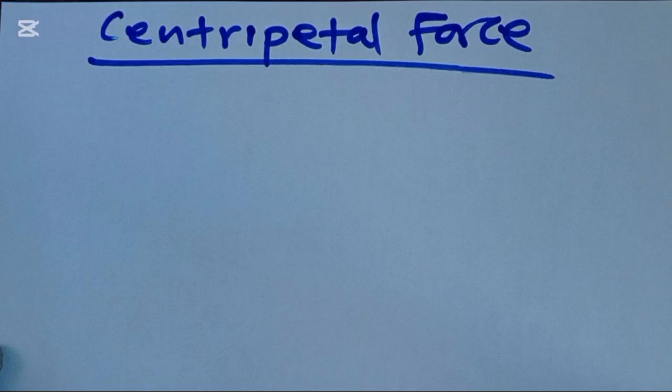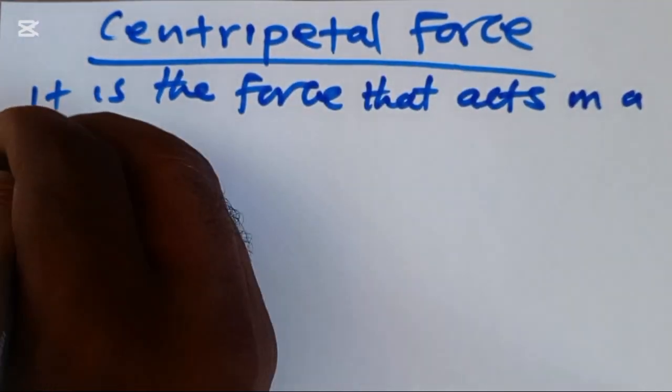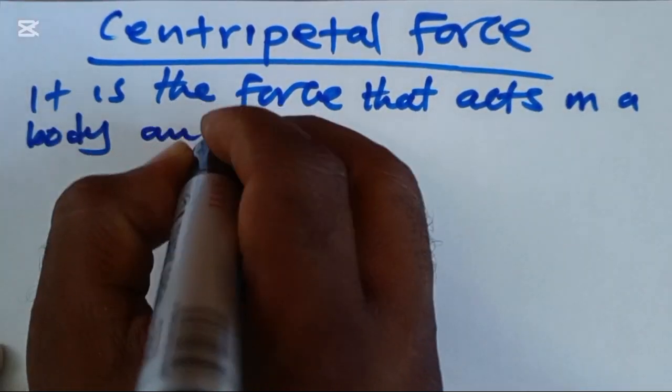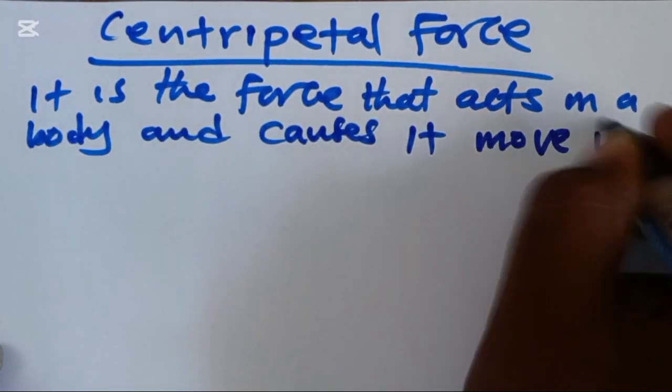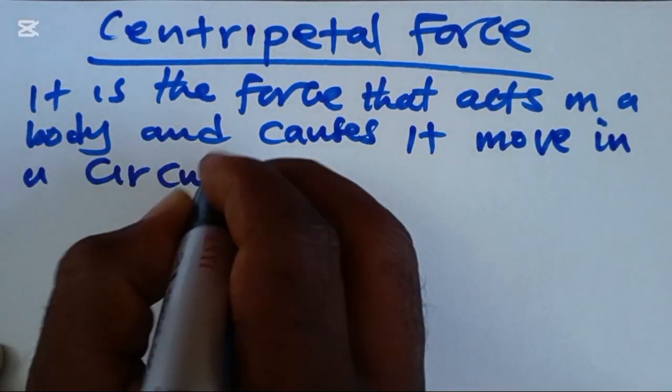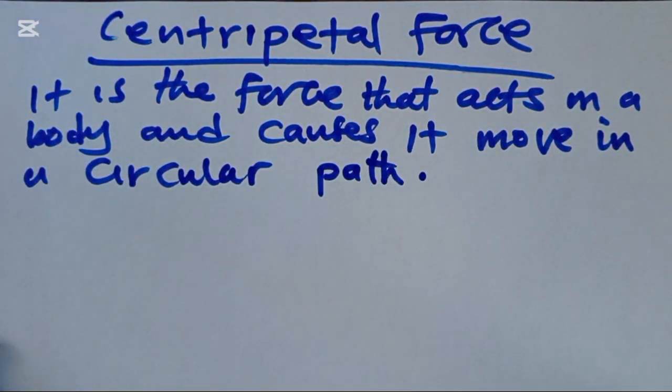So there's also what we call centripetal force. So what is this centripetal force? It is a force that acts on a body and causes it to move in a circular motion. So circular motion in a what? In a circle. That's what it means when you say circular motion. So that is what we call centripetal force.